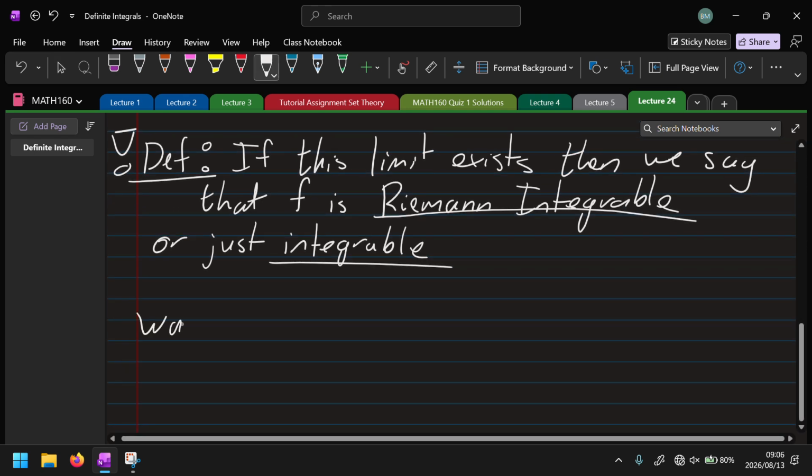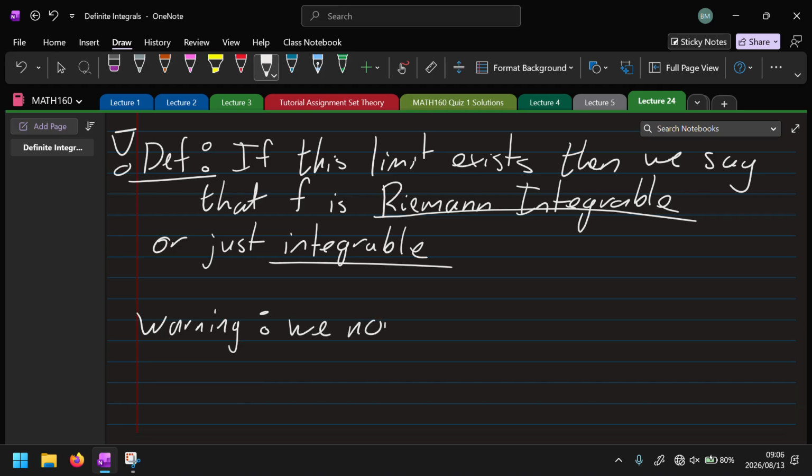So, warning. We now need to check if the limit exists. Previously, we just took the limit, L'Hopital's rule, whatever, and we moved on. Now we need to be very careful about checking. When we get to that L'Hopital's rule step, maybe L'Hopital's rule doesn't work.